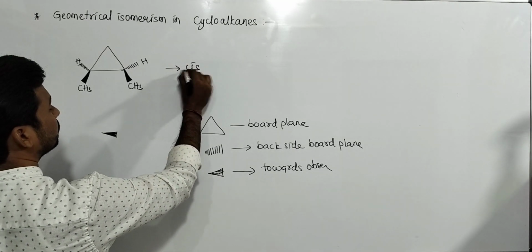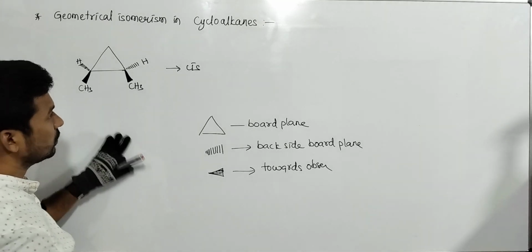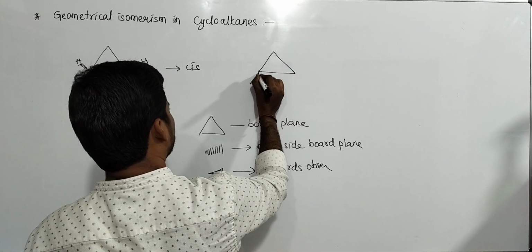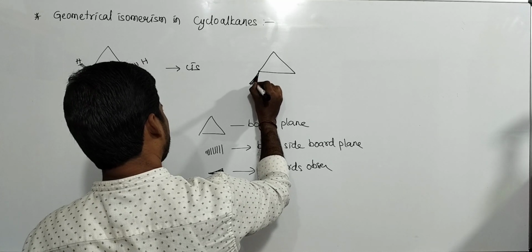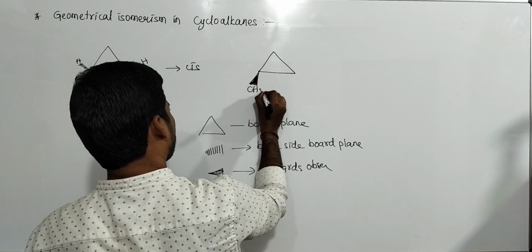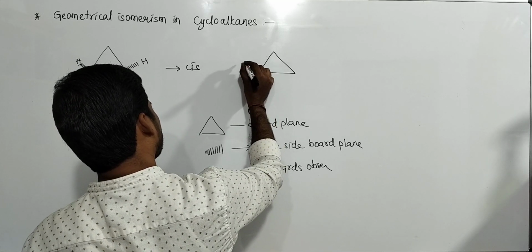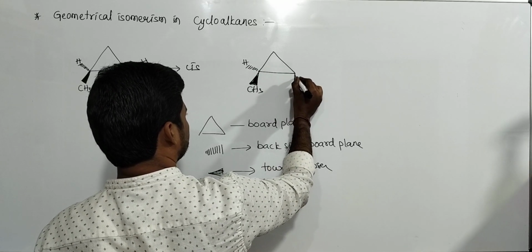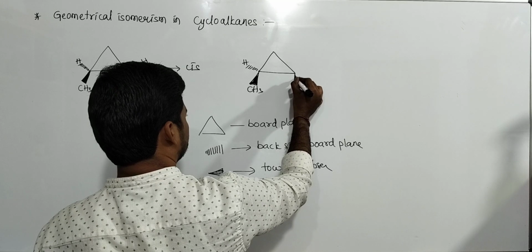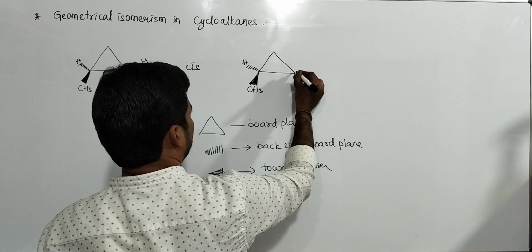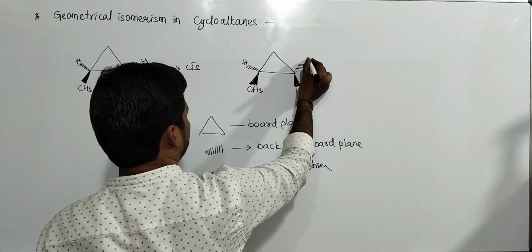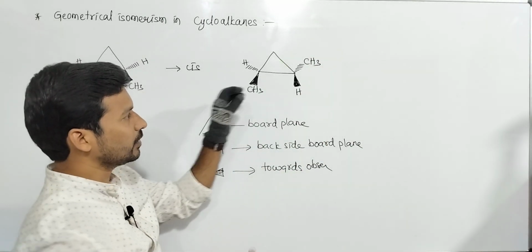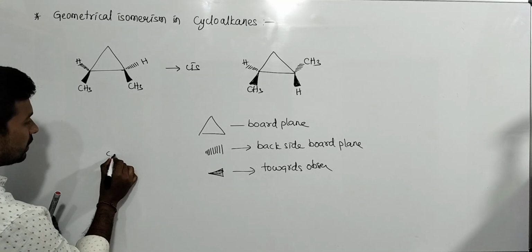This is cis. If we take it like this, thick line methyl group, and dash hydrogen here, thick line hydrogen, and this is methyl. There is restricted rotation due to formation of the cycle. This bond is not freely rotatable.